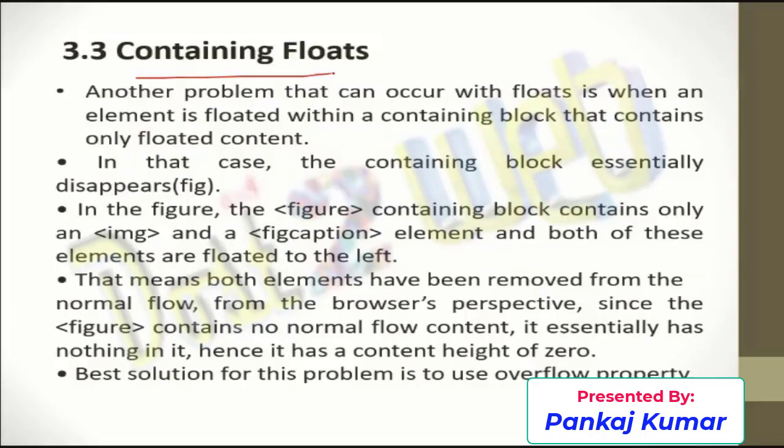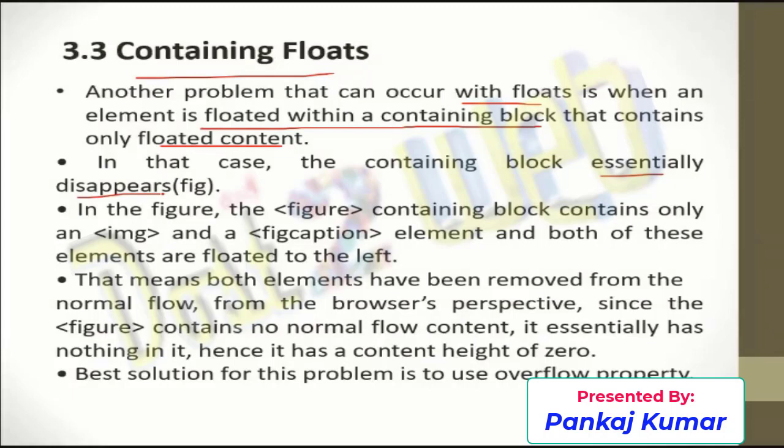Next, containing floats, right? So what is containing floats? Another problem will occur with floats. What will occur? When an element is floated within a containing block that contains floated content, in this case, what will happen? The content block essentially disappears. That means the figure.